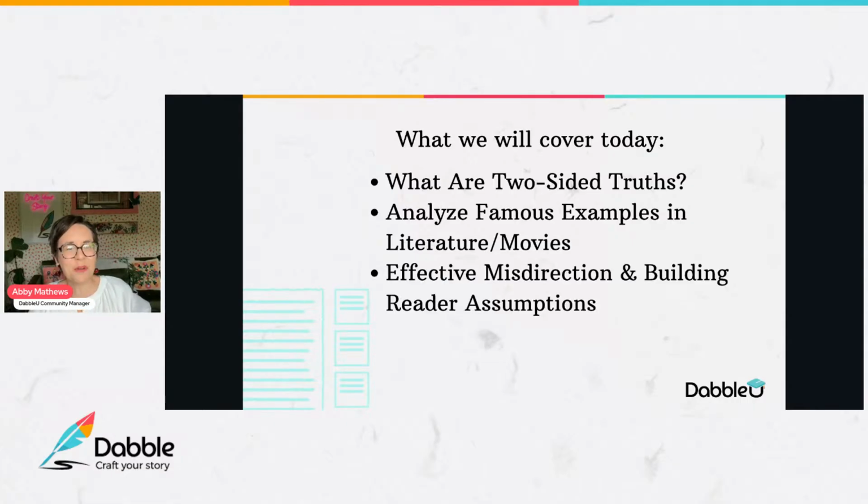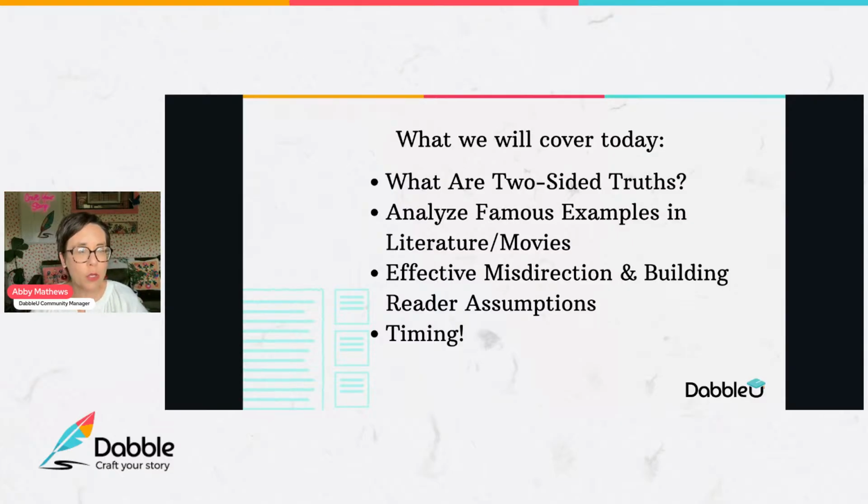All right. So we are actually going to take a leaf out of the mystery writer's handbook, because effective misdirection and building reader assumptions are a beautiful way to work a plot twist into your story and make it work. And we're going to talk briefly about timing.